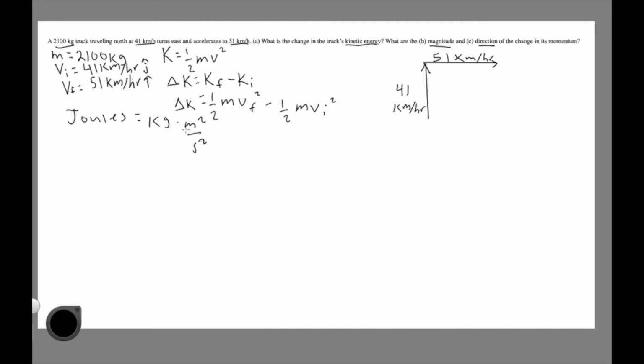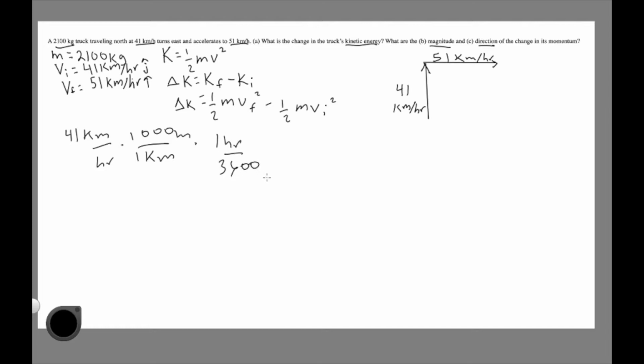So let's convert 41 kilometers per hour to meters per second. So it's going to be 1 kilometer over 1,000 meters times 1 hour over 3,600 seconds.